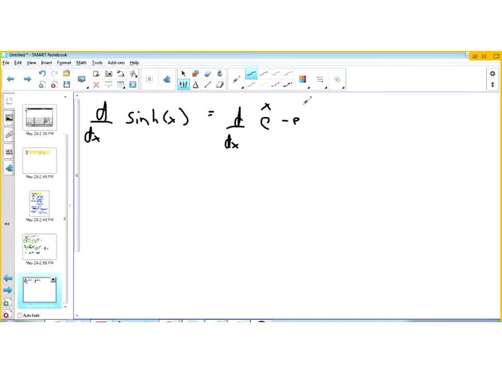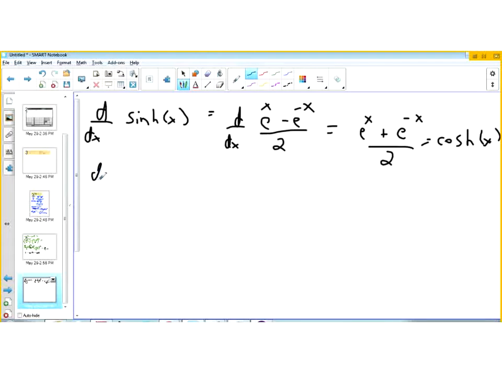So that would be e to the x minus e to the minus x over 2. And then you just take the derivative of a difference of two functions, and so that would equal e to the x plus e to the minus x over 2. And of course, that's just equal to cosh x. All right, simple enough.